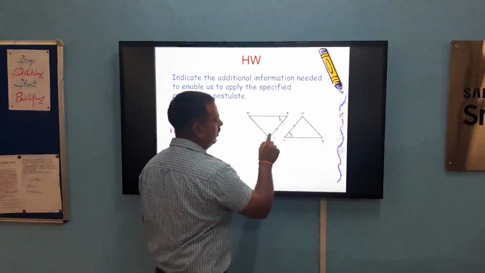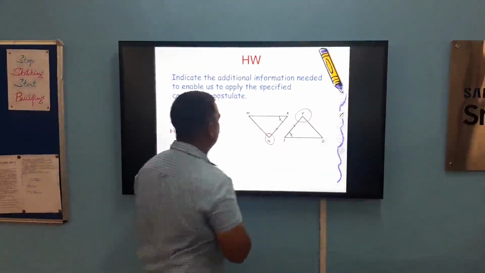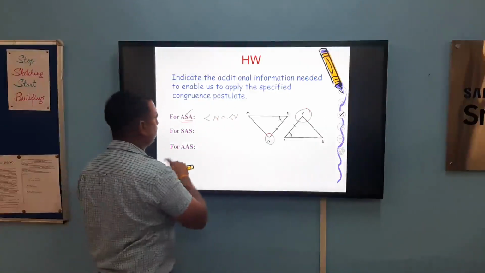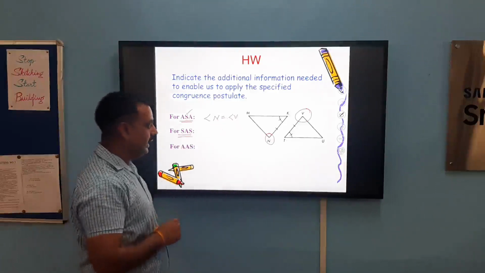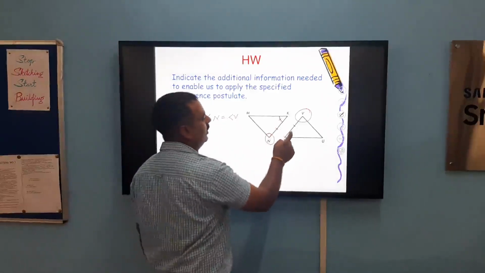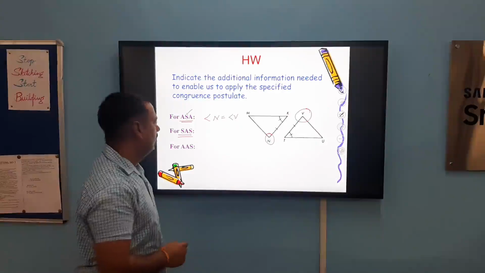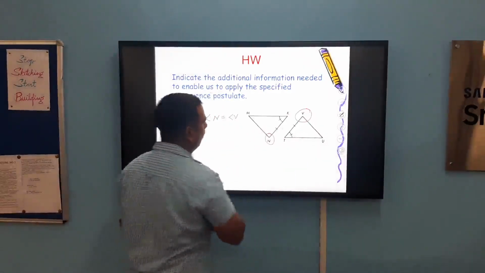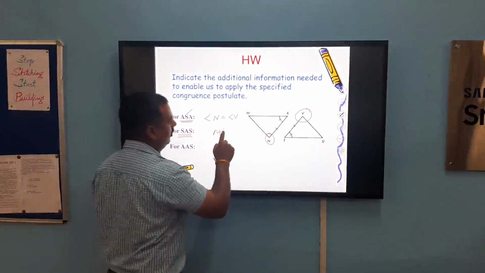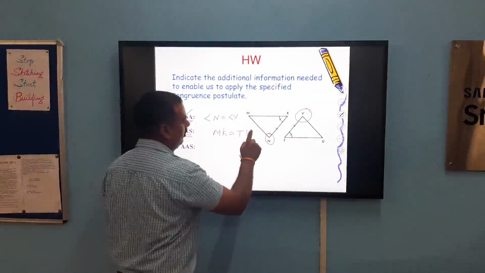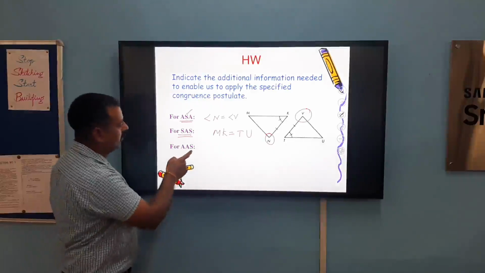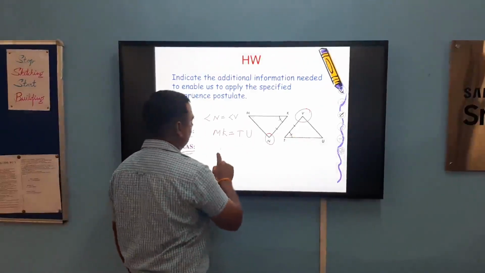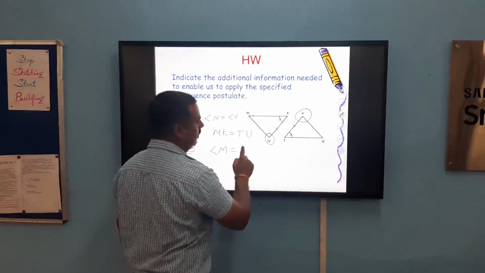So we must know angle N is equal to angle B. If we want to use SAS, we want this angle to be the included angle, so we use MK equal to TU. And if we want to use AAS, then we take angle M equal to angle U.